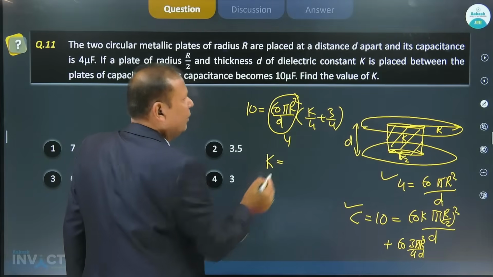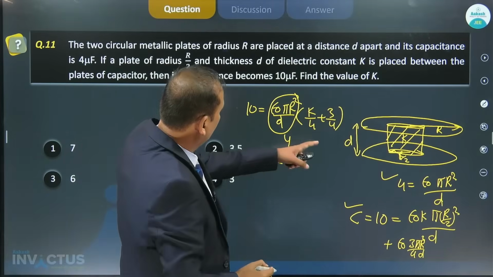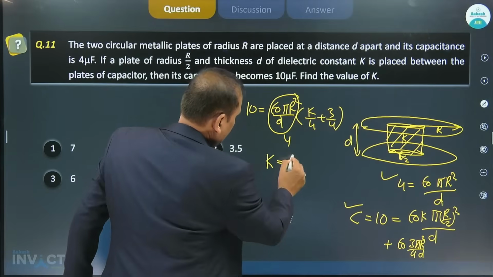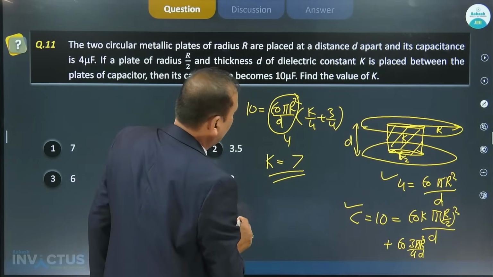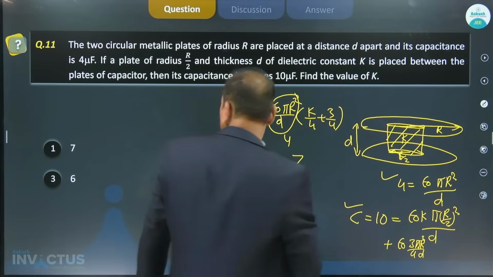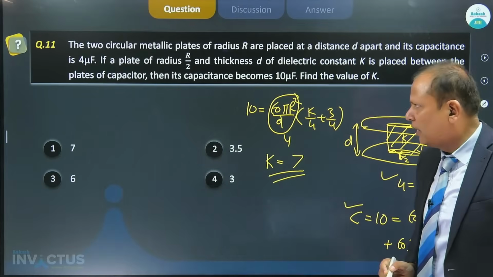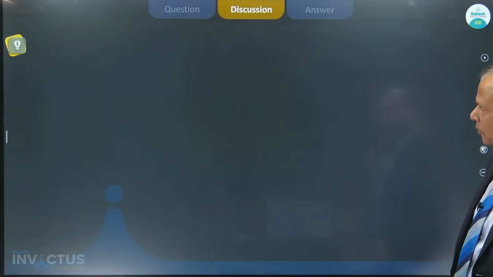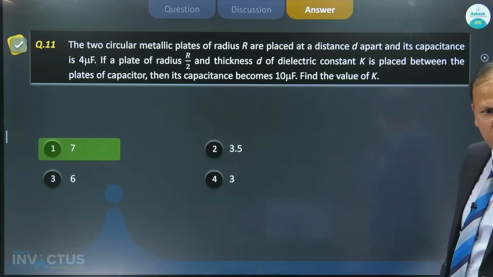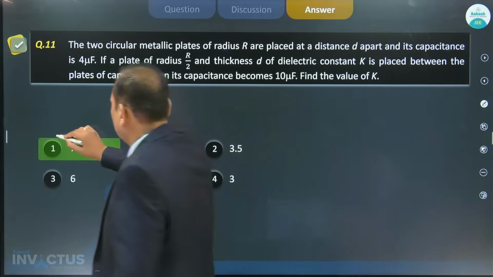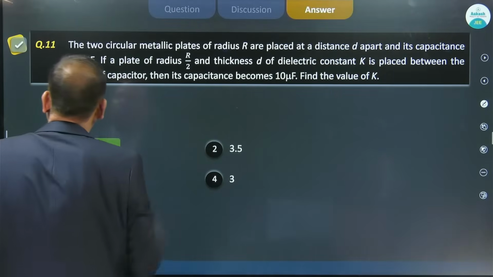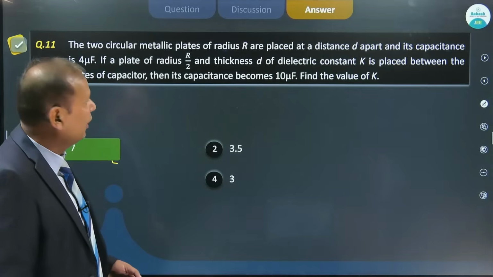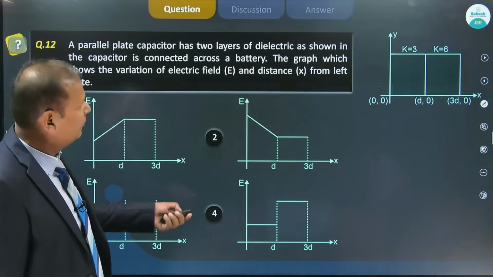So k can be solved. 4, 4, 4, 4, 7. I hope 10 minus 3 is equal to 7. So k will be 7. Just see the answer. And answer is 7. Right. Just move on to the next question.